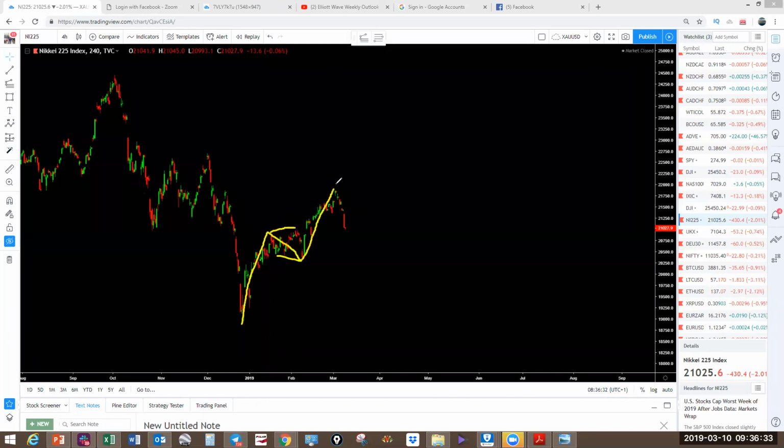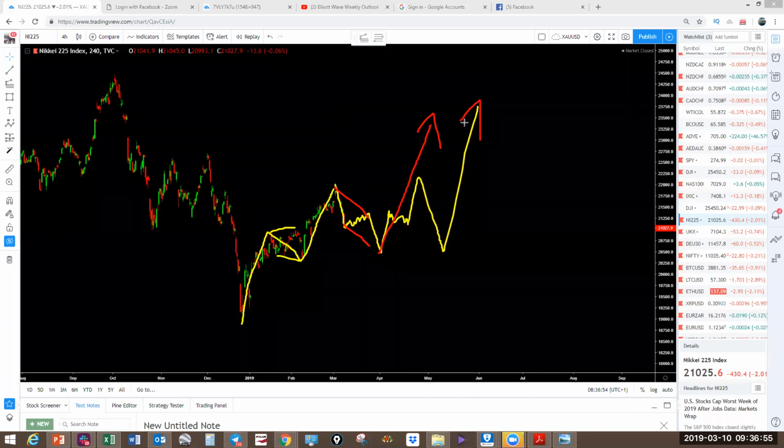You expect a correction after this. Now these possibilities are that you get a continuation pattern, you get something like that, and then move like that. So either that or this can do this, and this will be all the correction, and we go like that. So whichever one plays out, we should be able to confirm which one. Okay, that is the NIFTY.